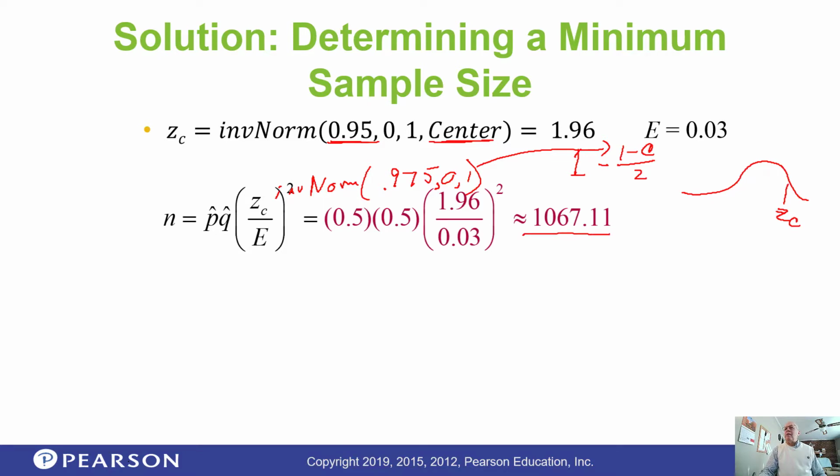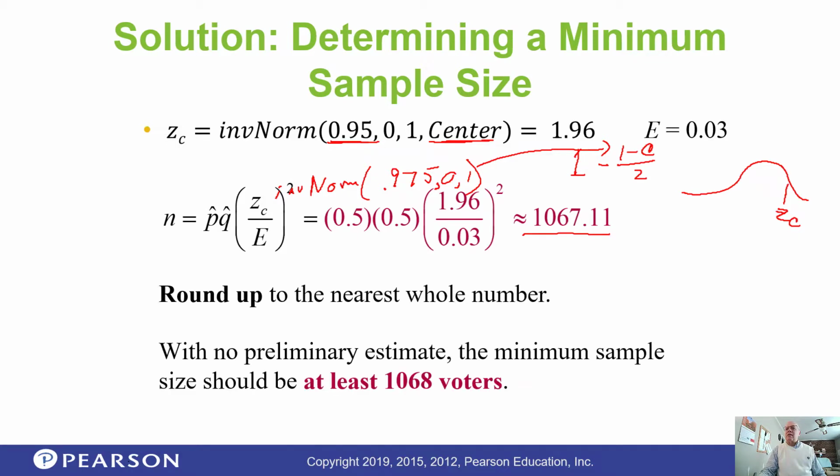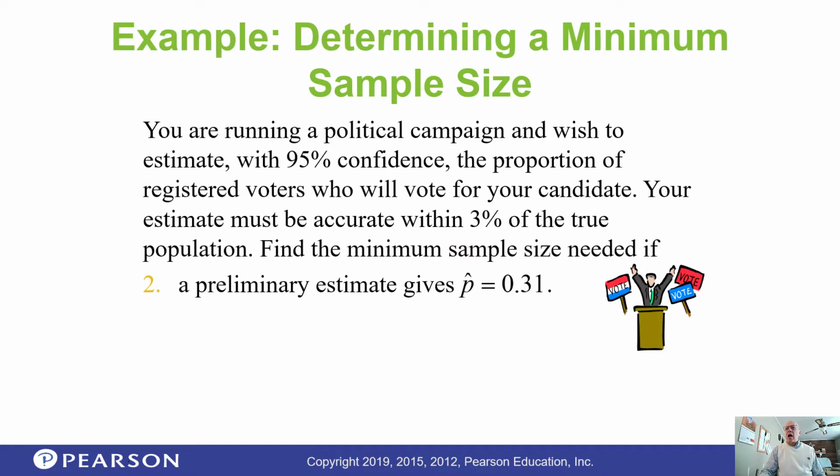Remember, always bump it up for the minimum sample size. So you'd need at least 1068. Is 1100 good? Yes. This is only the minimum. Now here's a little bit of a twist on it, or more normal, excuse the pun.